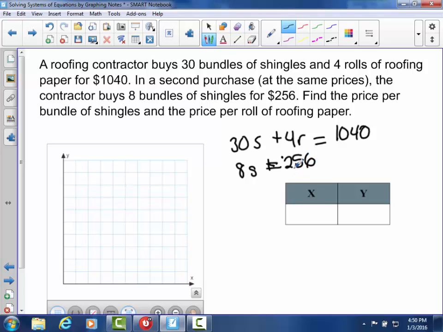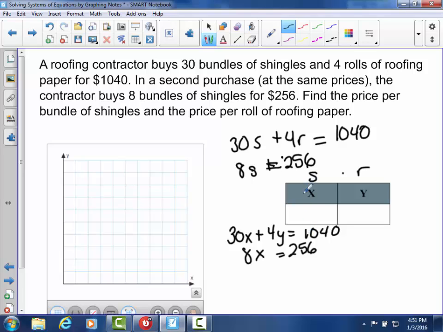So if we want to write this as an equation, we'd have to have x and y, so we could change that to 30x plus 4y equals 1,040. And this would be 8x equals 256.